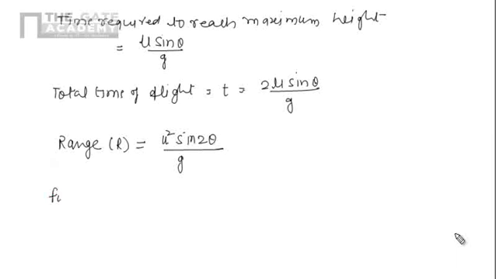For maximum range, theta will be 45 degrees. These are some of the important things related to projectile motion. Whenever a problem based on projectile motion comes, we can directly apply these formulas for solving it.